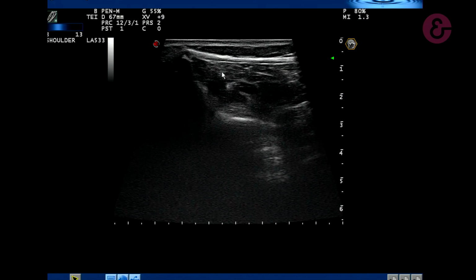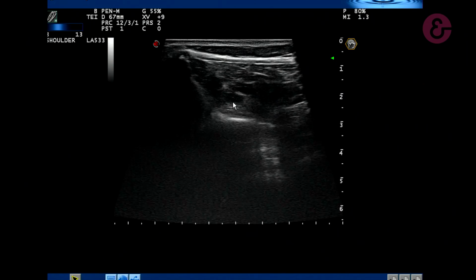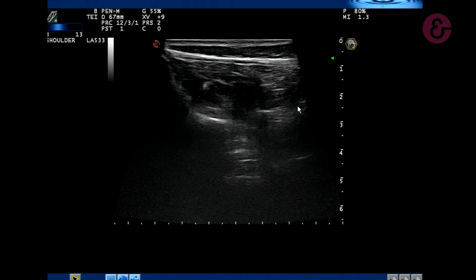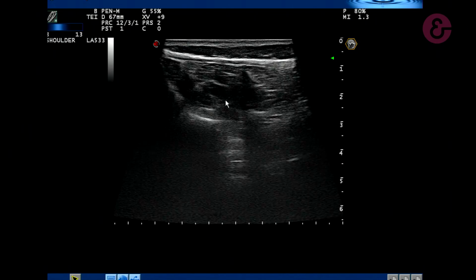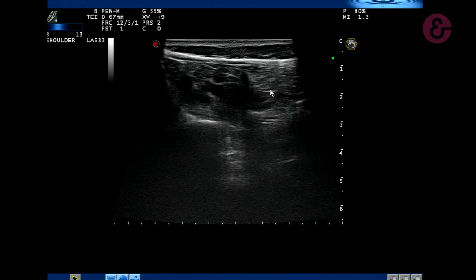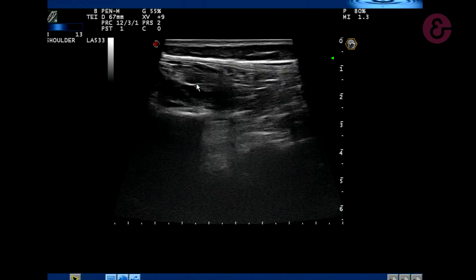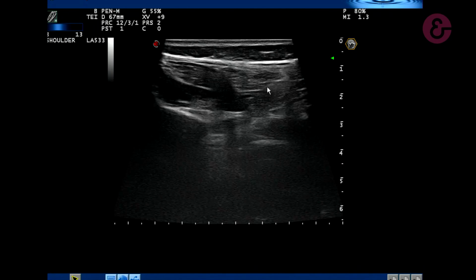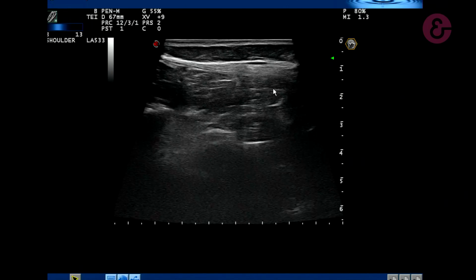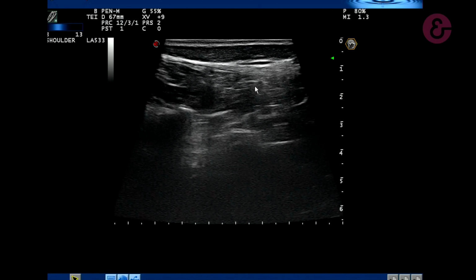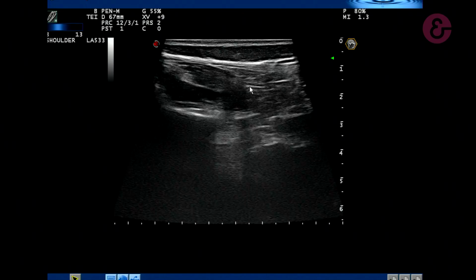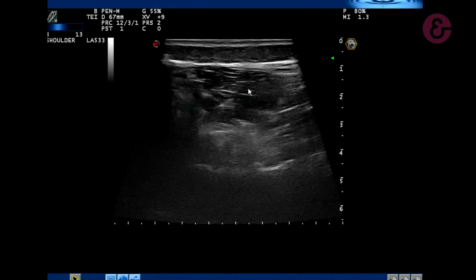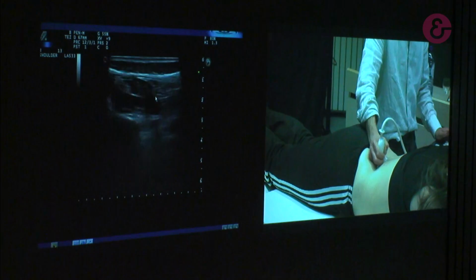So the first muscle that I can find here is the multifidus muscle. I know the rectus spinous muscle is a big muscle composed of three different muscles: multifidus, longissimus, and iliocostalis muscle. It's not easy to recognize, so I want to move a little bit lower.